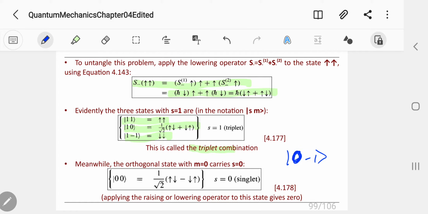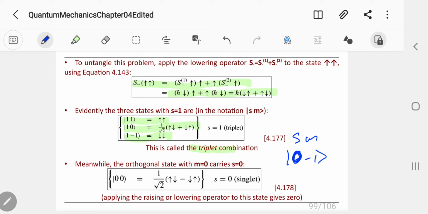This value should be the largest m. This is your S, this is your m. So your m would not be beyond the absolute value of S. So the absolute value of m could not be beyond S.